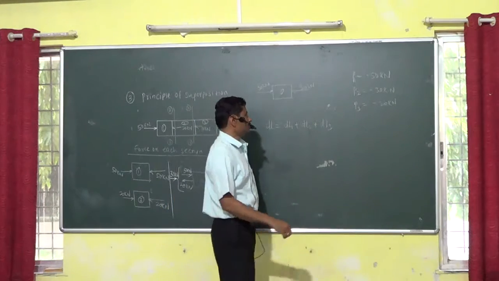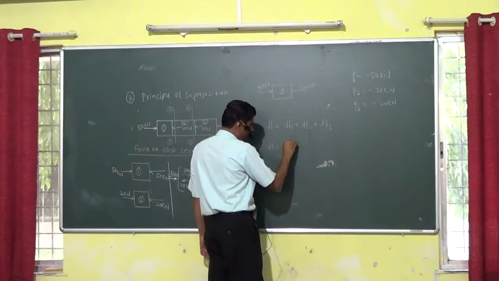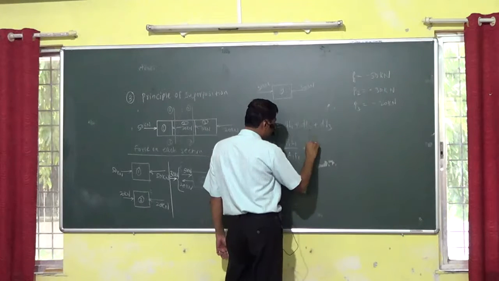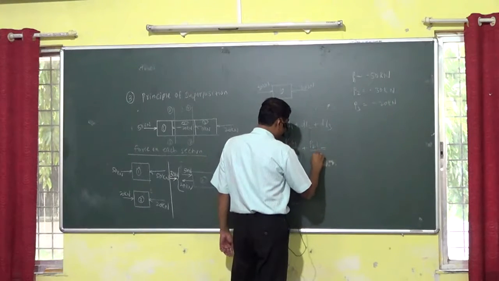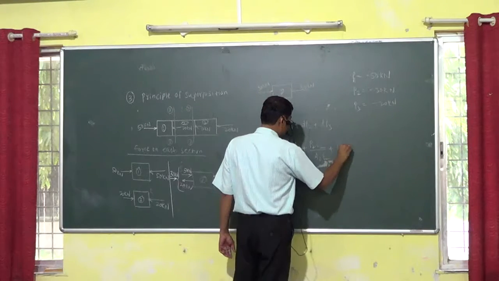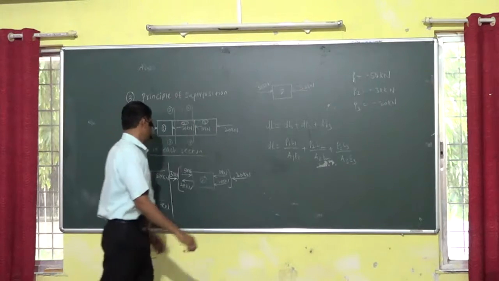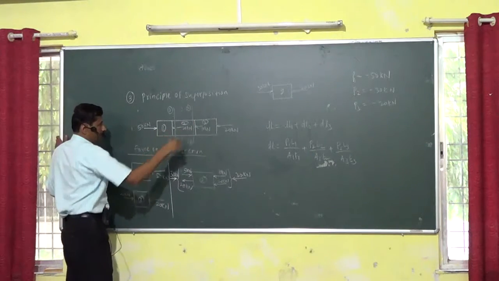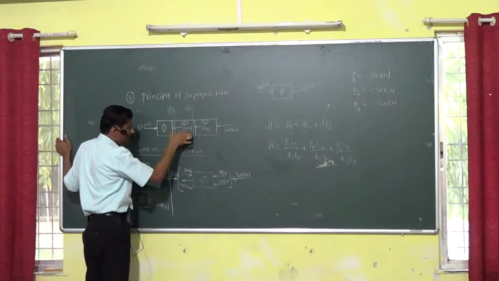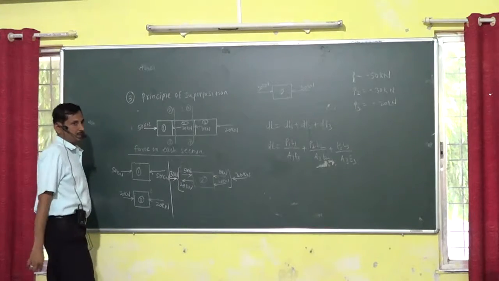With usual notations, again dl will be considered as P1 L1 upon A1 E1 plus P2 L2 upon A2 E2 plus P3 L3 upon A3 E3, where L1 is length of section 1, L2 is length of section 2, and L3 is length of section 3.